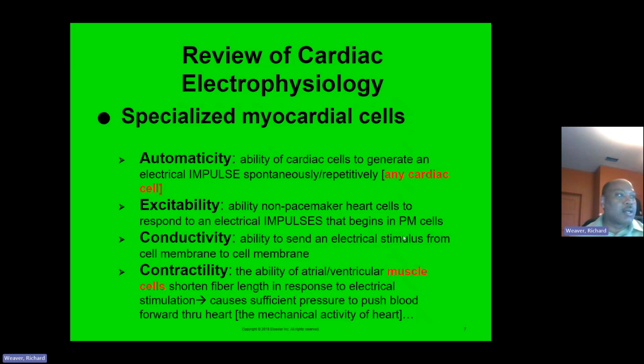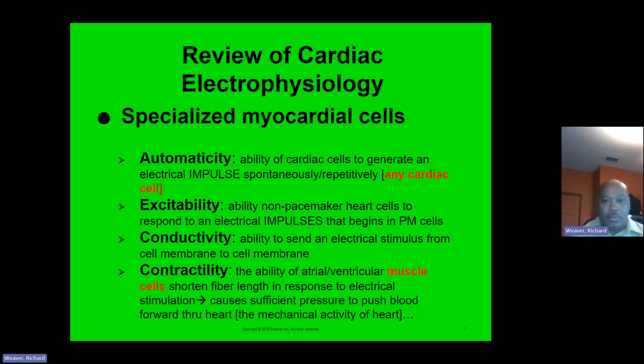So let's look at automaticity. You may ask the question, what is automaticity? What does this mean as far as cardiac cells? Automaticity is like the rhythmic beating of a drum in a marching band. Just as the drummer keeps the beat without external cues, it doesn't rely on anything else.